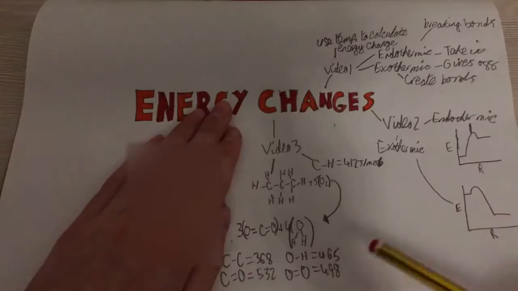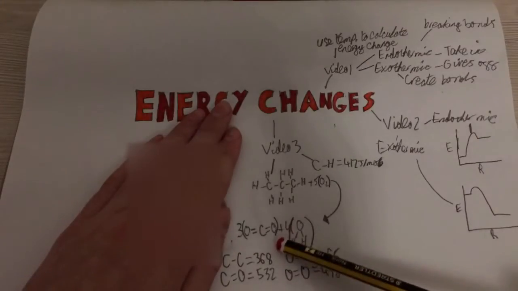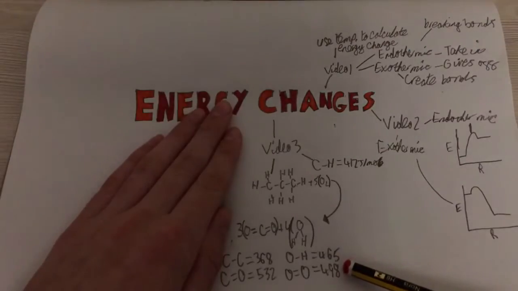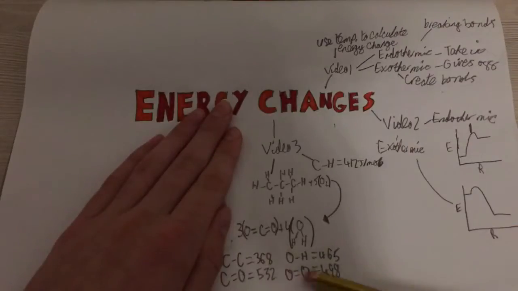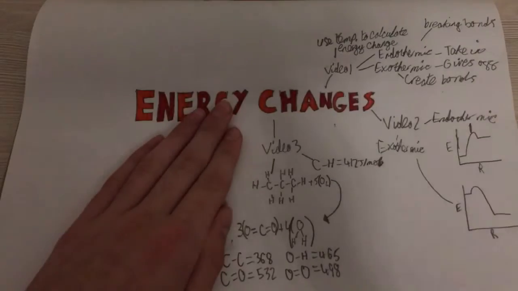The energy given off or taken in is down here. It's all in kilojoules per mole. See if you can work it out, and I'll give you the answers in a minute.